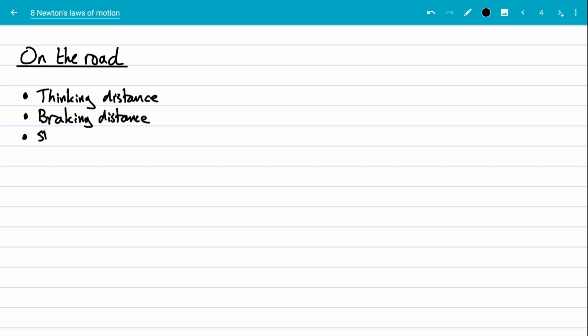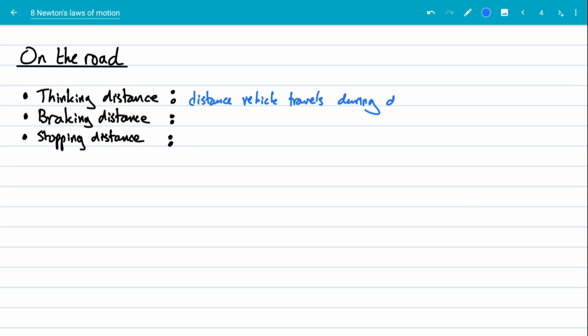Stopping distance is covered at GCSE level, so we should be able to get this done quite quickly. Thinking distance: that is the distance the vehicle travels during the driver's reaction time.